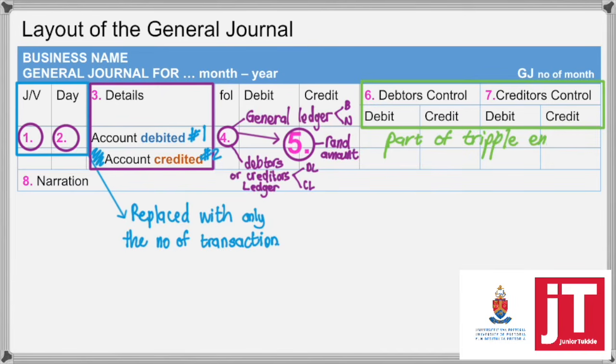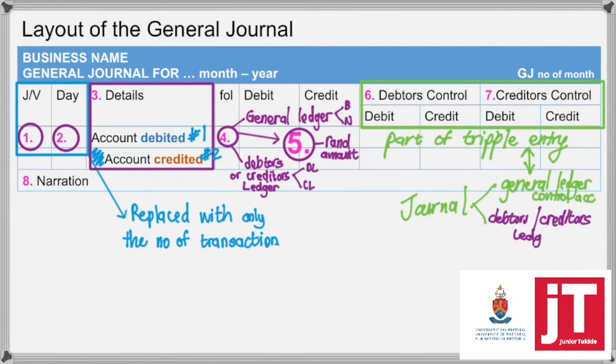Then if there is a debtor or a creditor involved, we technically have a triple entry. Now the triple entry is the journal first of all, and then posting to 2 ledgers, the General Ledger and the debtors or the creditors ledger.